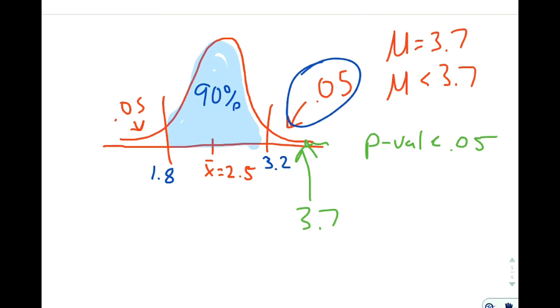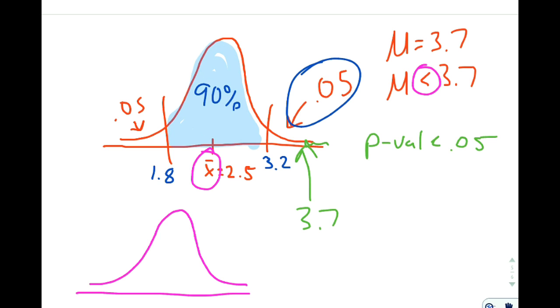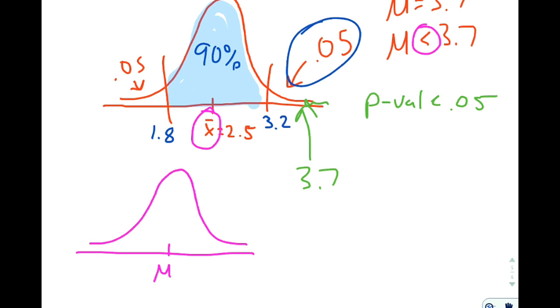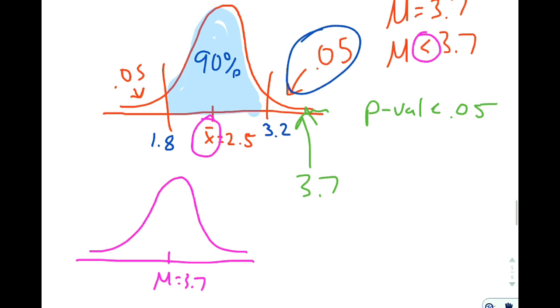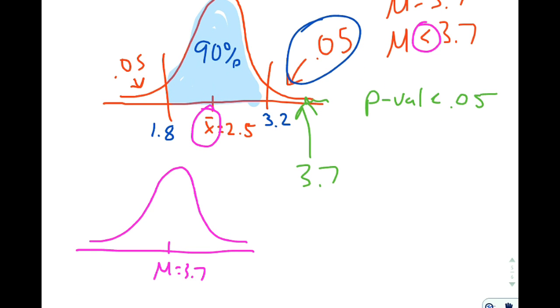Last thing I want to go back to is the part I told you we would look at: why did I look in the right tail when it says less than? Well, that's because of the way I drew the curve. If you look at the middle here, I have x bar, and if you remember when we generally do hypothesis tests, we draw our mu in the middle. We put our null hypothesis of mu is equal to 3.7 in the middle, which means that our x bar, our sample average, would fall down here somewhere.